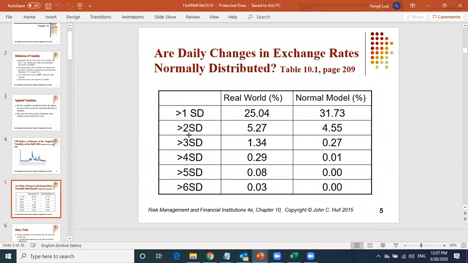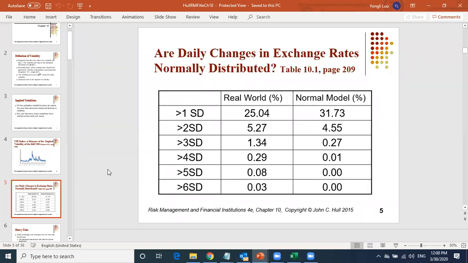Okay. So exchange rate. We talk about the exchange rate daily changes. Is that normally distributed? We measure the return of the financial asset. The normal distribution is described by the standard deviation and also the mean.